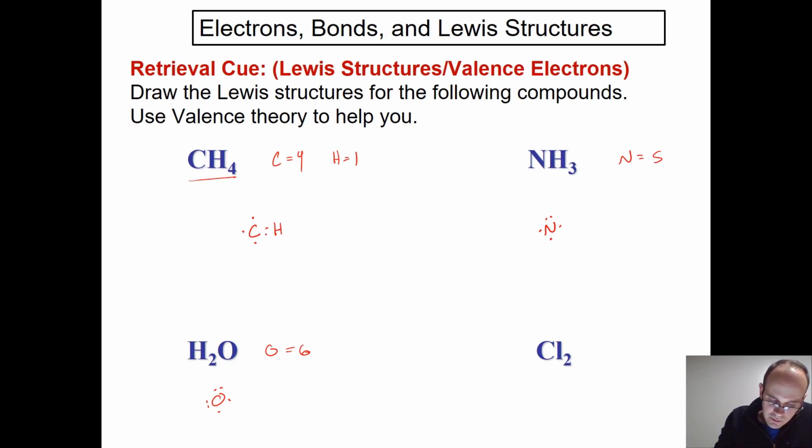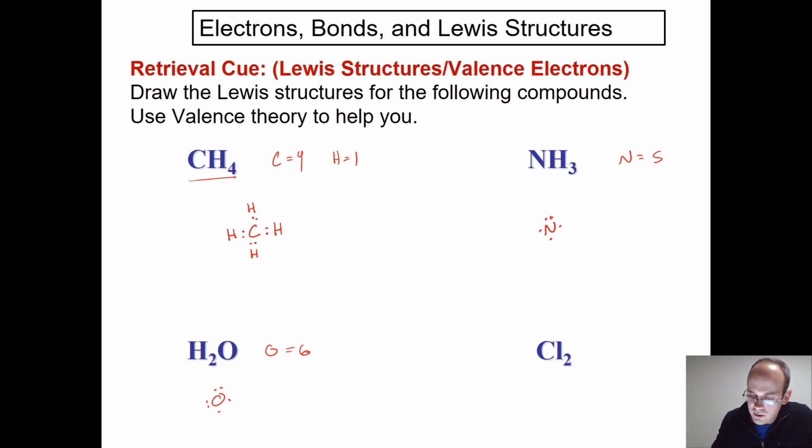Got that from the periodic table. So I'm going to distribute those hydrogens around with their single electrons, pair up all of those carbon electrons, and make 4 shared pairs of electrons between the carbon and the 4 hydrogens. So same thing with nitrogen.